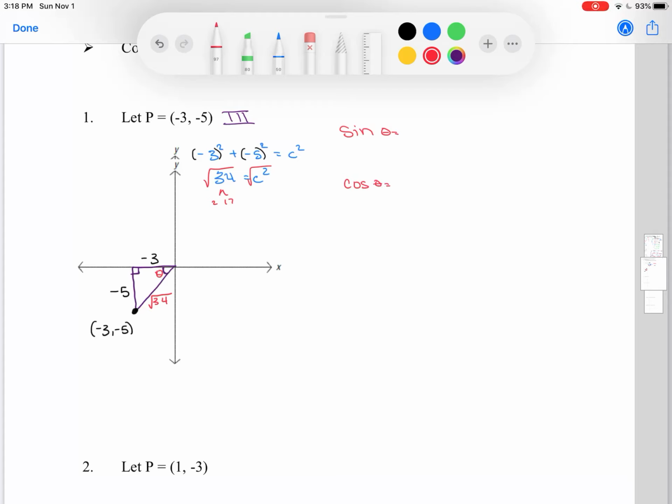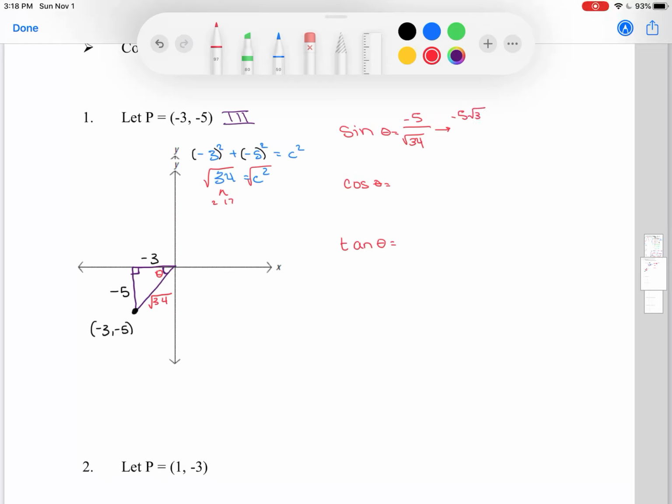And of course, this is my theta that I'm going to refer to when I do my 6 trig functions. So I have my right triangle. Now let's get into our sine theta, our cosine theta, and our tangent theta. I'll do the first 3 first. We'll worry about the reciprocals after. Same thing, SOHCAHTOA.